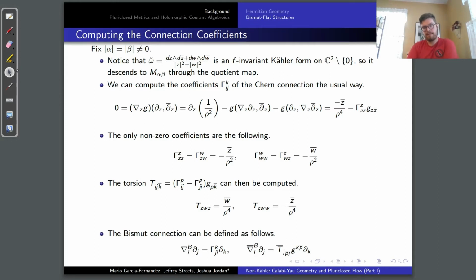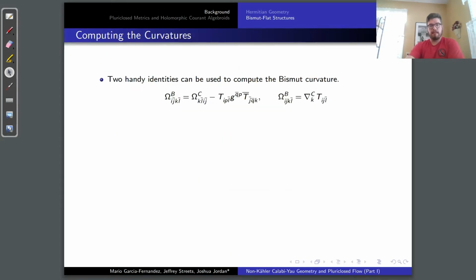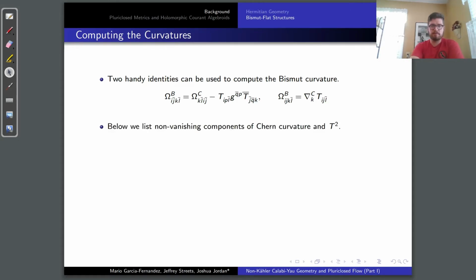And then, this is kind of a side note, but the Bismut connection can then be completely specified by these connection coefficients and a Leibniz formula. And just because the Bismut curvature tends to be a little more difficult to work with, just combinatorially, we actually work from the Chern curvature.